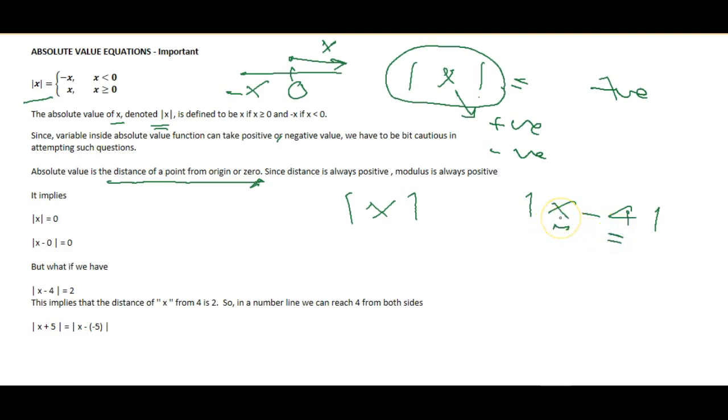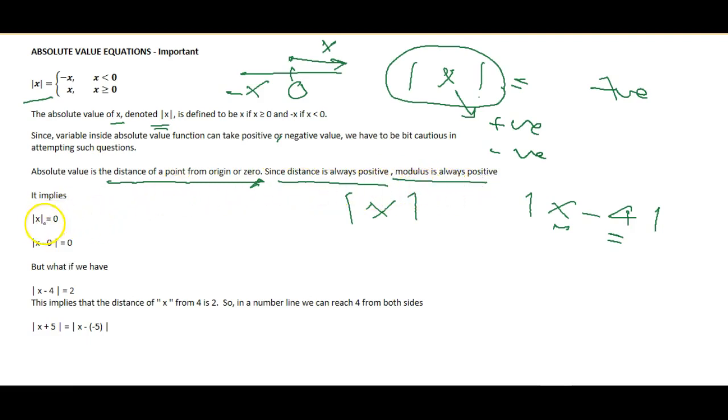For the sake of definition, modulus says that this is the distance from a certain point. If it is modulus of x, then this is the distance of x from 0. Since distance is always positive, modulus is always positive.